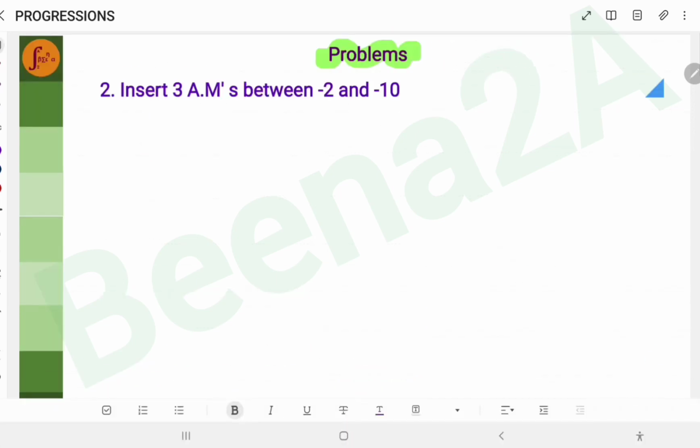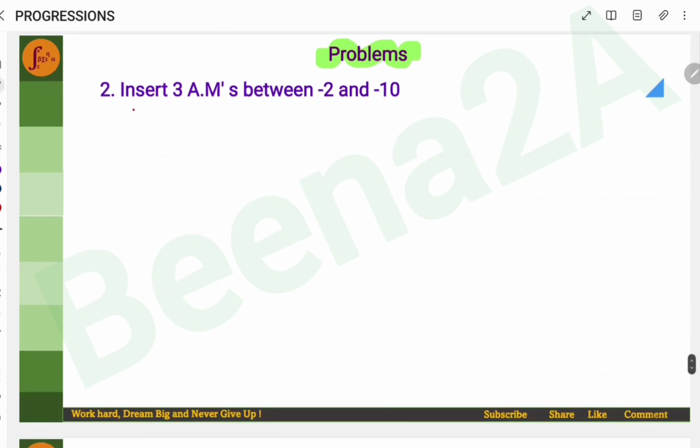Now we'll take the second example. Insert 3 arithmetic means between −2 and −10. So you need 3 arithmetic means. −2, 3 arithmetic means, and −10 is the last term. So this is, say, A1, A2, A3.